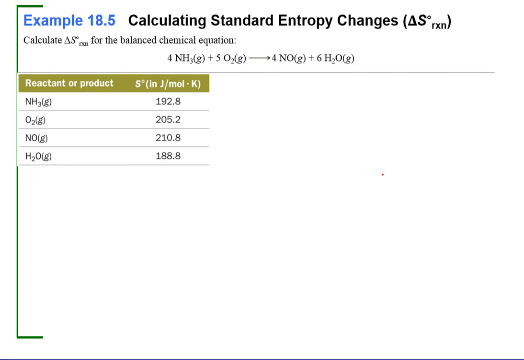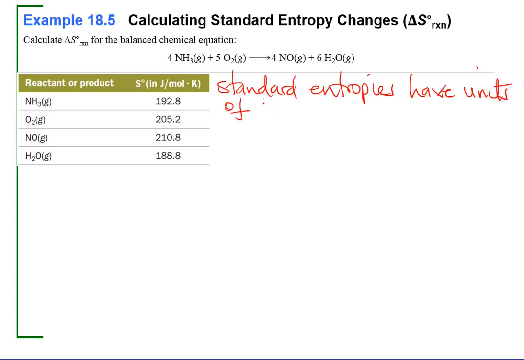The standard entropies are calculated at, I'll just say, 25 degrees Celsius, and standard entropies have units of joules per mole per Kelvin.